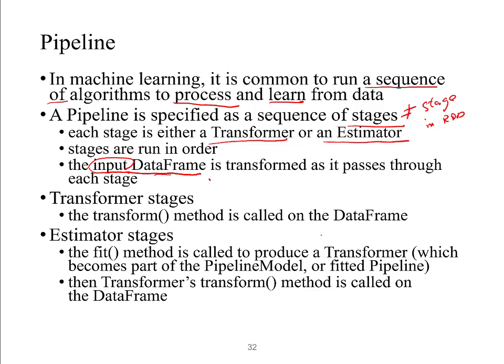And the estimator, on the other hand, has two methods. One is fit, one is transform.